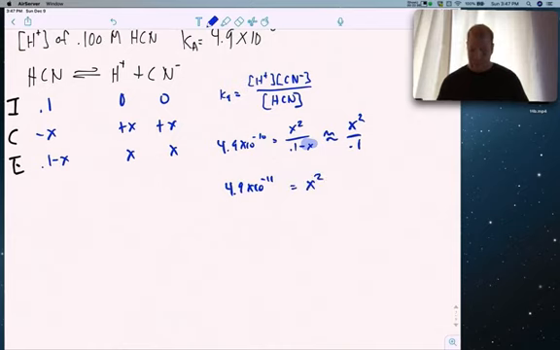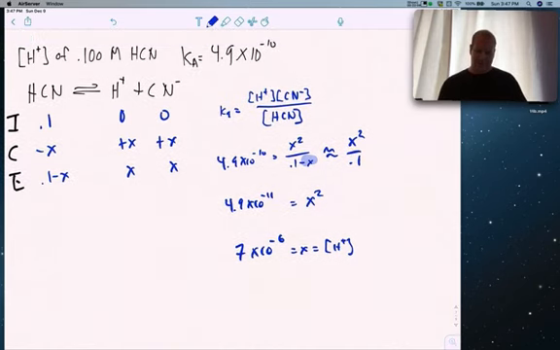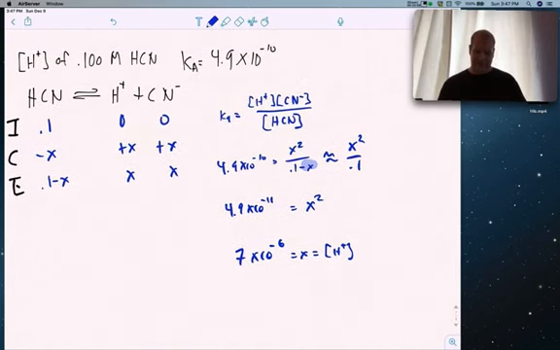You can take the square root of both sides, and this is kind of 49 times 10 to the minus 12, so this is going to be 7 times 10 to the minus 6 is equal to x, equals the hydrogen ion concentration as well. So you can check your calculator if you want for that one. Because the square root of 49 is 7, or 7.0 because of 2 sig figs. But you can use your calculator if you want to verify that.